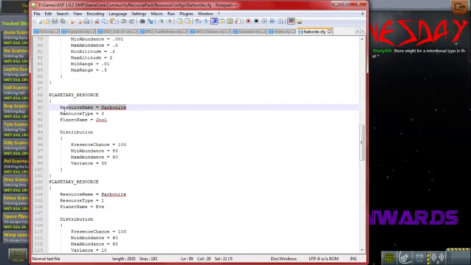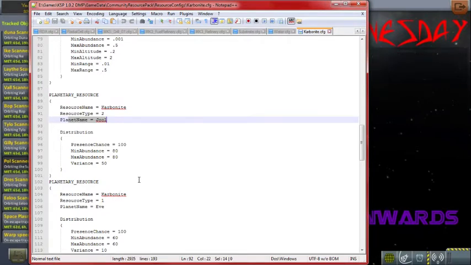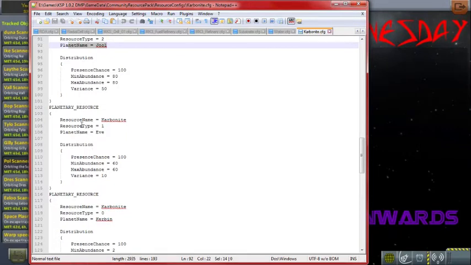Resource name Carbonite, type 2, which is atmospheric, planet name Joule. Yep, Joule's atmosphere, even though it is just nothing but an atmosphere, actually contains carbonite, which is a wonderful place to go and hide it. Eve.